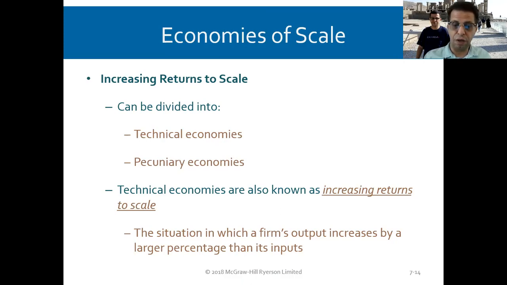That's another name for it. And it's basically you improve the technicality, how you produce, in the situation in which the firm's output increases by a larger percentage than its input, because you improve the production technology there.